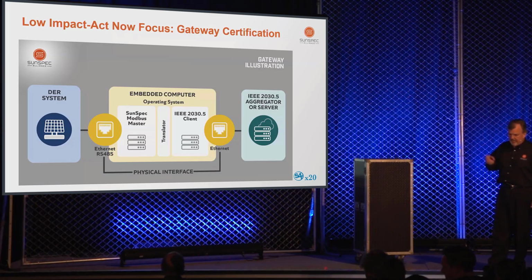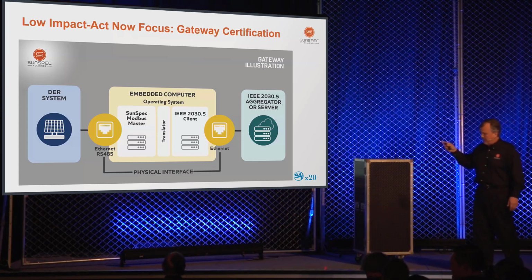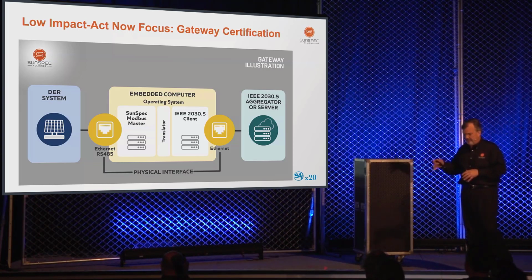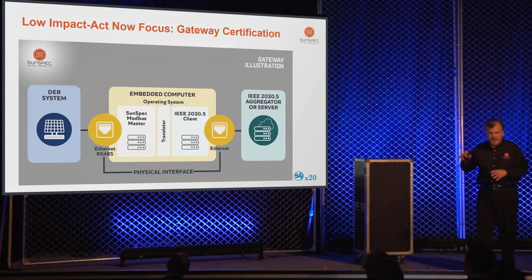On the low-impact, act-now focus, we are certifying complete gateways now, so the U.S. national standard specs SunSpec Modbus as the profile for the local area, and 2030.5 for the default wide area connection. So we're in a good position to lock all that down. As I mentioned, the Modbus typically operates in the clear.